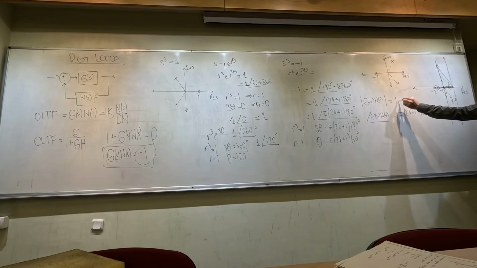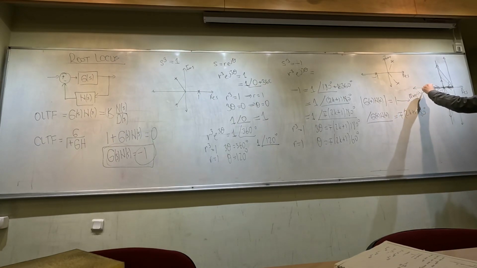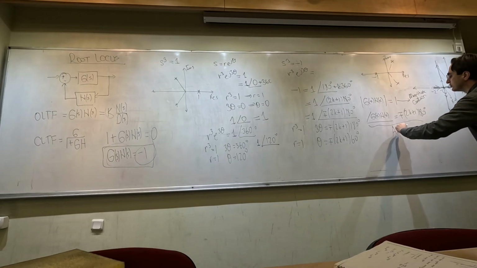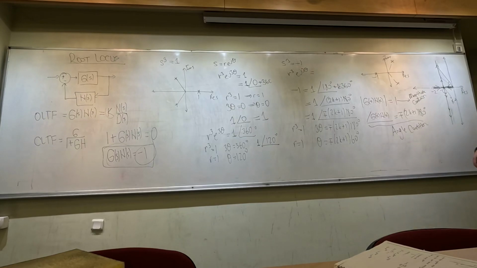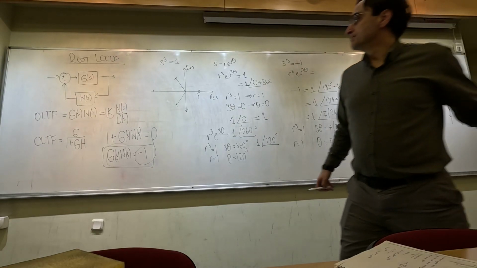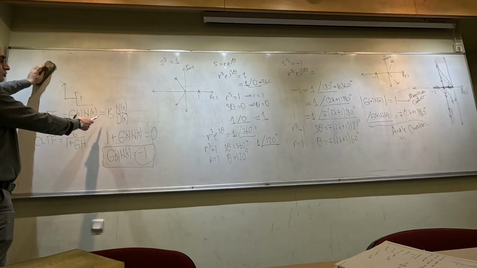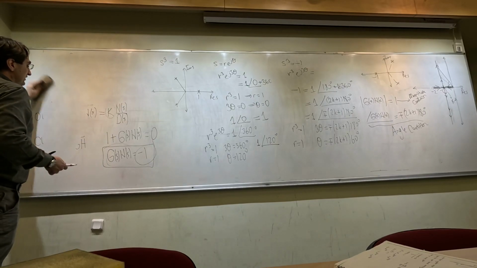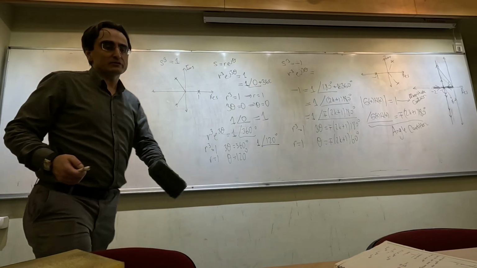So in control theory, this condition is called the magnitude condition. And this condition is called the angle condition. Okay. And I know that in root locus we have g of s, h of s given like this. G of s, h of s is k times n of s over d of s.